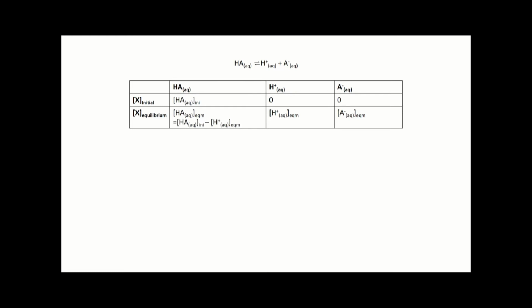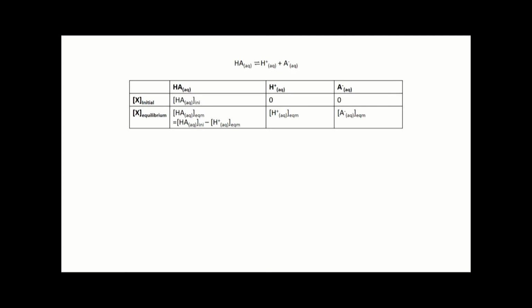So we can say the same number of moles of H plus has been made as HA moles have been used, and that's why we can say the equilibrium concentration of HA is the initial HA concentration minus the H plus concentration at equilibrium. And that's all well and good, because we know that pH will measure H plus concentration, and so we've got two things that we know. We know the initial concentration when we set up the equilibrium, and we know the H plus concentration.